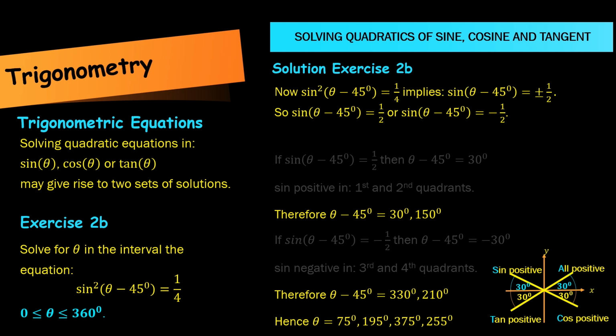Notice that we're only looking in the interval from 0 to 360 degrees. Therefore, we rule out 375 degrees because this is greater than 360.